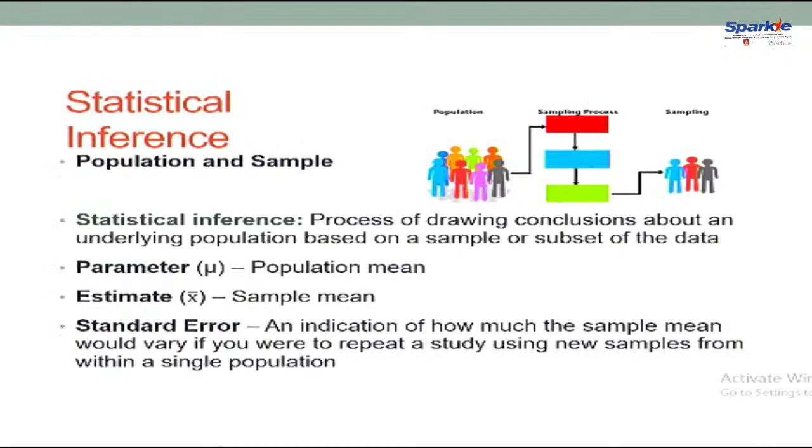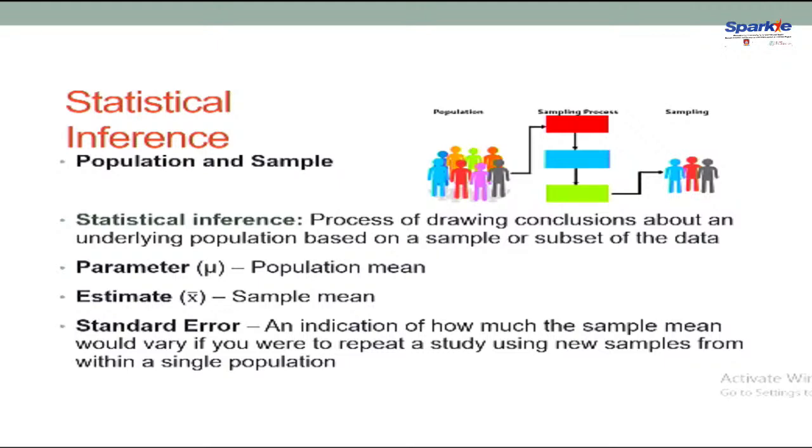So for statistical inference, as you see in this picture, this is the population and this is the sample. It's the process of drawing conclusions about an underlying population based on a sample or subset. The parameter is the population mean, whereas the estimate is the sample mean.